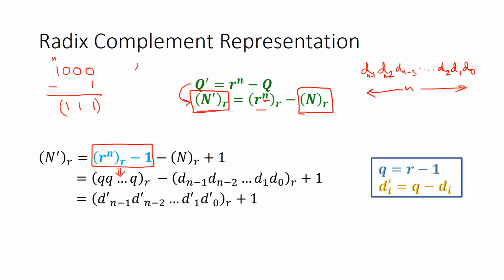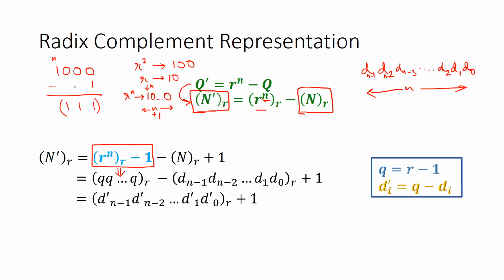I hope you remember that r square is represented as 100, and r is represented as 10. So r to the power of n would be represented as 10...0, with total length n plus 1, and this 1 would be at position n.